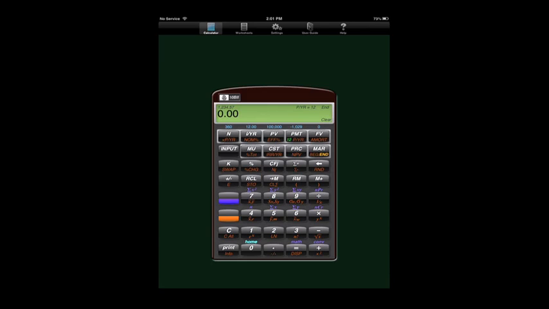So if I want to get rid of all the information in all the registers of the calculator, which is what I want to do every time I start a new problem, because then I don't have rogue information that will mess up my results. So every time I start a fresh problem, I freshen the calculator by pressing Shift and Clear All. So now notice in those financial registers up at the top, they're all zero.